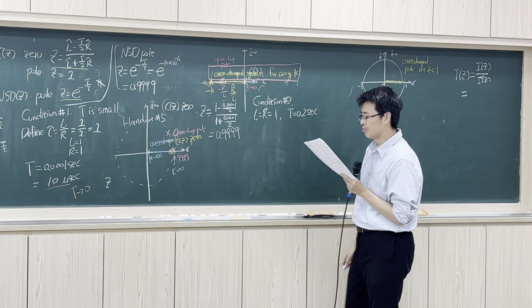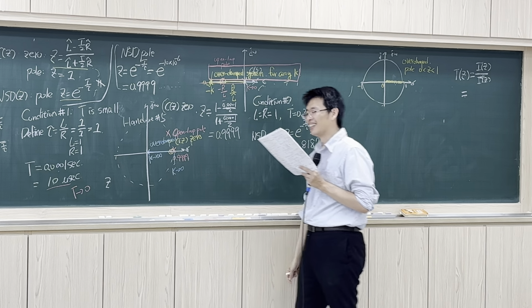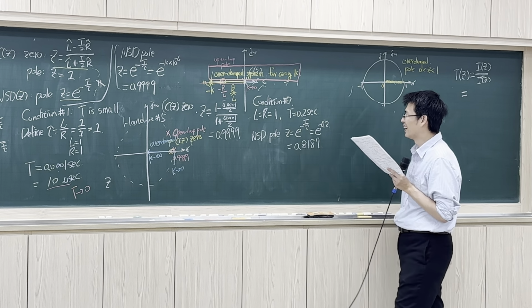The NSD pole location in this case is Z equal to exponential minus T over tau, exponential minus 0.2, so it is equal to 0.8187. When you increase the sample time, the open loop pole will move inside.